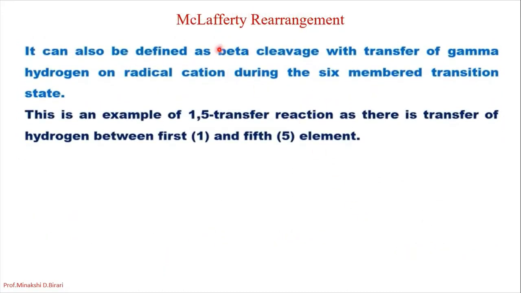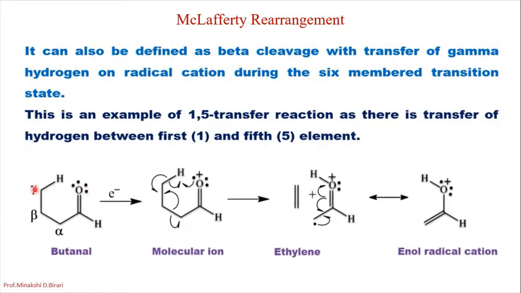The McLafferty rearrangement can also be defined as beta cleavage with transfer of gamma hydrogen on the radical cation during the six-membered transition state. This is also an example of a 1,5 transfer reaction, as there is a transfer of hydrogen between the first and fifth element. So this will be the same example, butanol.